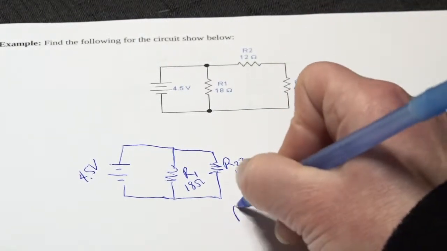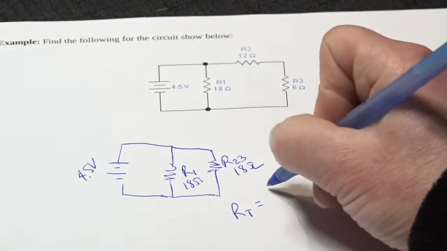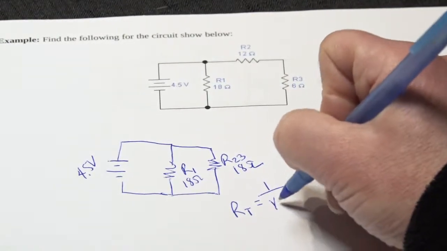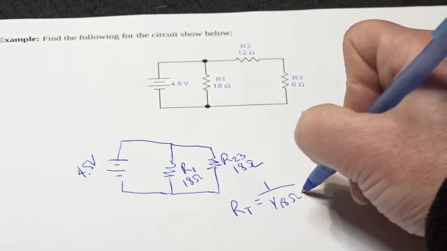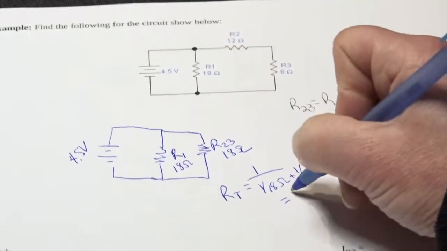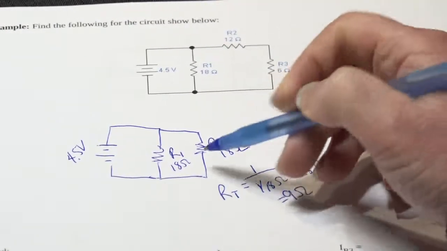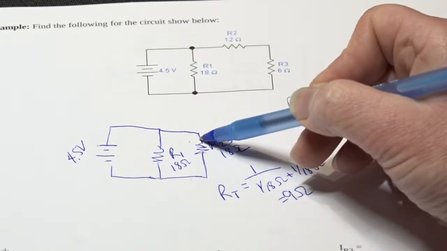So the total resistance is equal to 1 over 18 ohms plus 1 over 18 ohms, which gives us 9 ohms. So we can simply analyze this circuit.